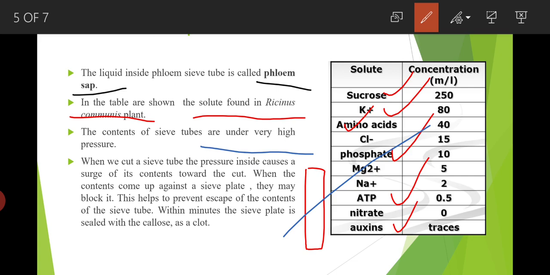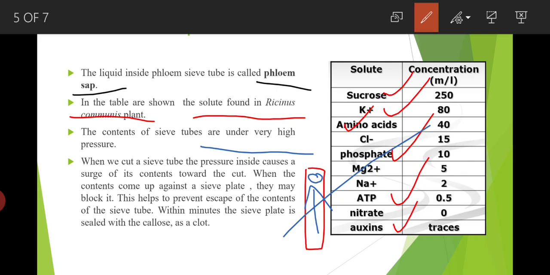When the contents come up against the sieve plate, the sieve plate might be blocked, and this helps to prevent the escape of the contents out of the sieve tube.